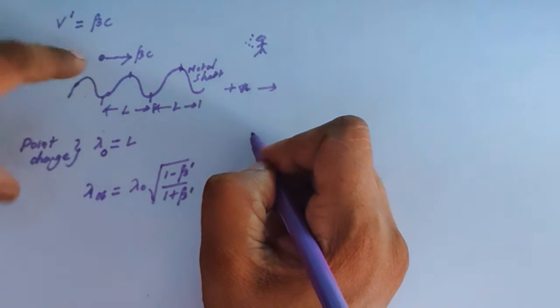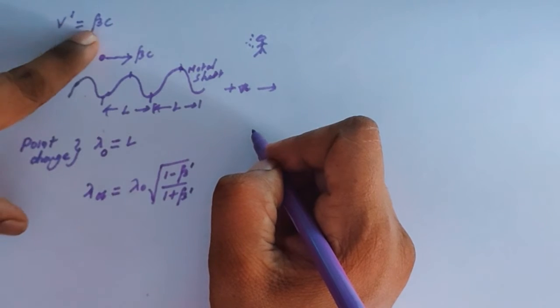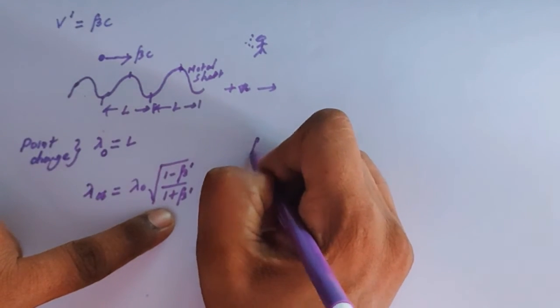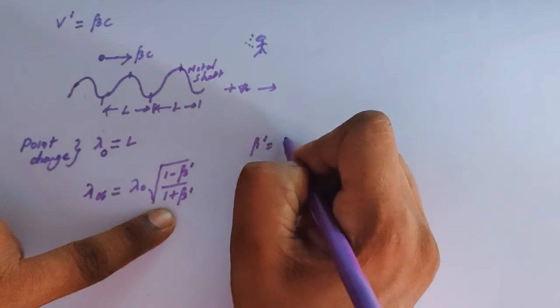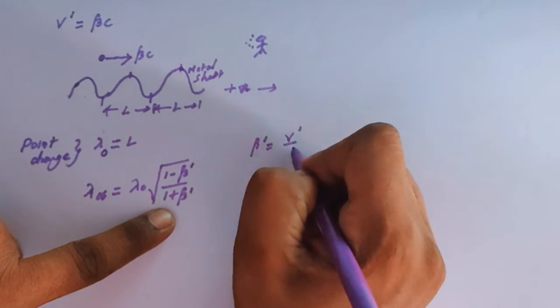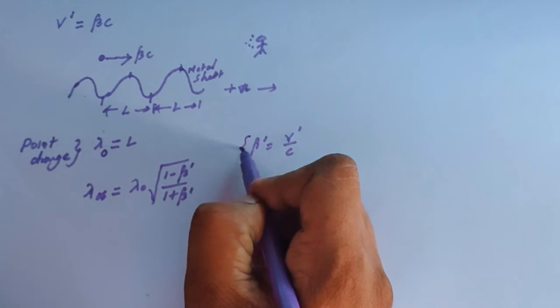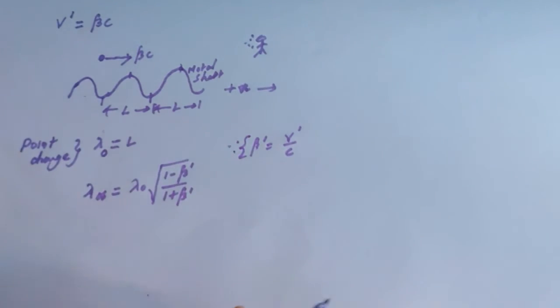Because here the velocity of the point charge is given as beta times c, that's why I am making a different symbol here. Beta prime is nothing but the velocity of the point charge divided by c. That is the relation we can derive from the Doppler shift.